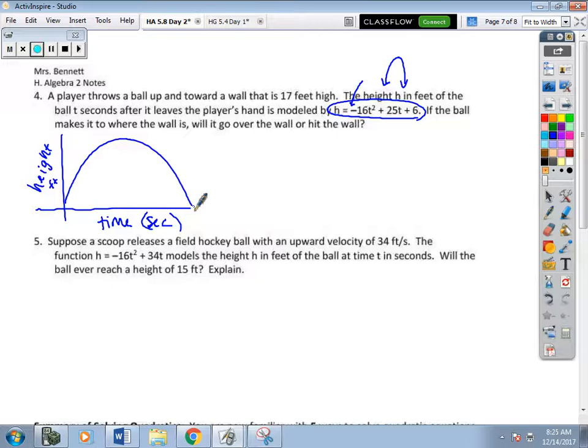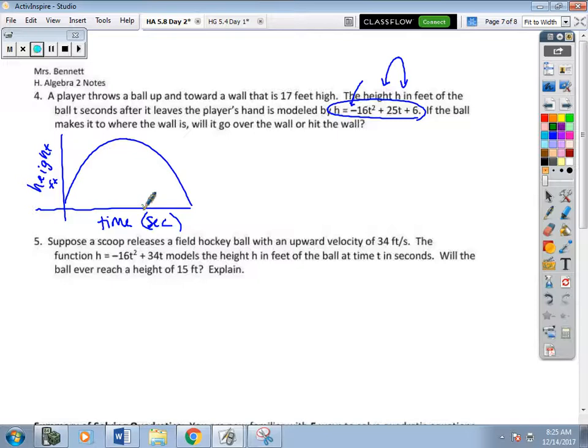I'm just kind of sketching it. Okay, the wall is 17 feet tall. I'm actually not going to draw the wall in because I don't know if it's going to be taller than this point or if it's going to be shorter than this point, but it's somewhere along there.